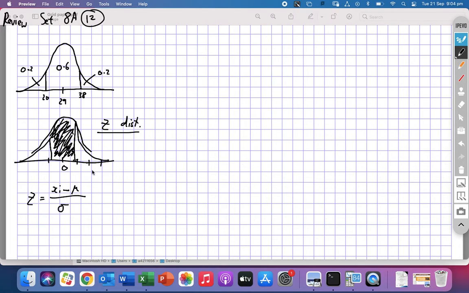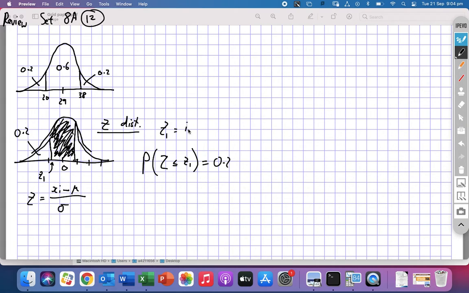So it's a good idea just to be estimating. I've said that on another video. If I call this Z1, what I can do is figure out Z1 using inverse norm, because I know that I've got 20% before I get to Z1. You could write the probability that Z is smaller than or equal to Z1 is 20%, or 0.2.